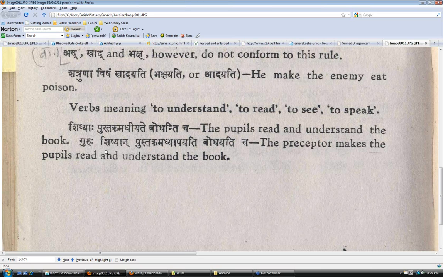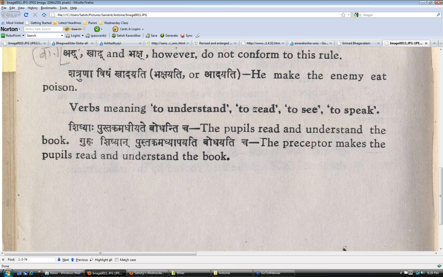So, Guruhu shishyan pustakam adhyapayati. Here the shishyaha was the anikarta, kartaraha, then dechu karma sanya, then karmani dvitiya: shishyan pustakam adhyapayati, bodhayati cha. He teaches them the book and makes them understand. Makes them read and understand the book. That's what he says.